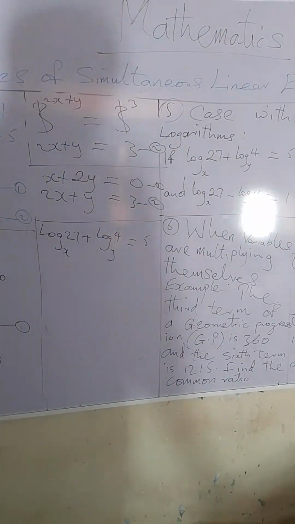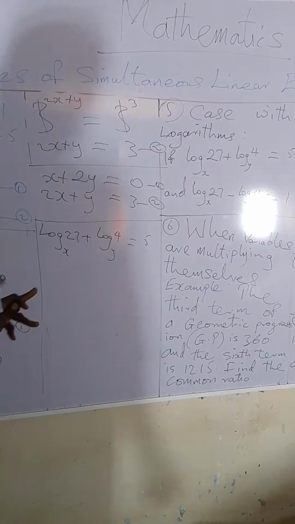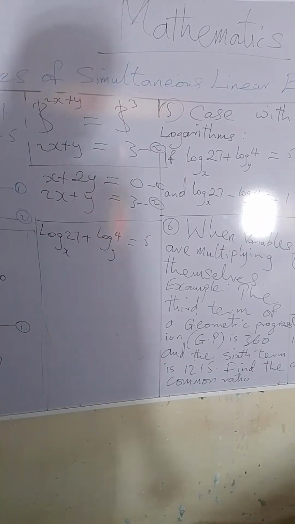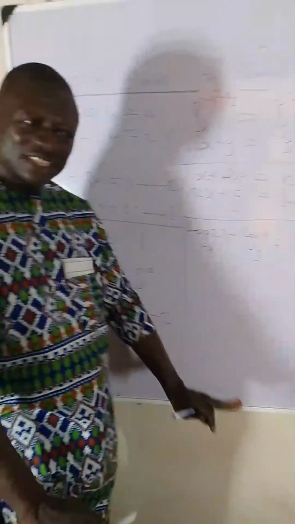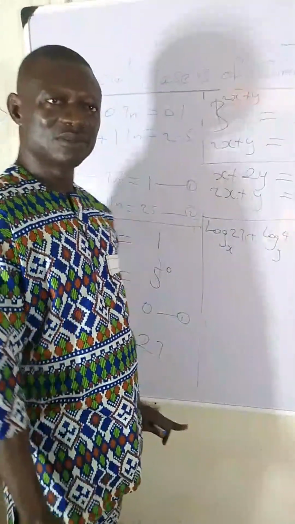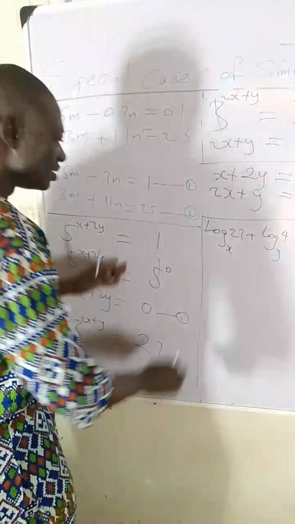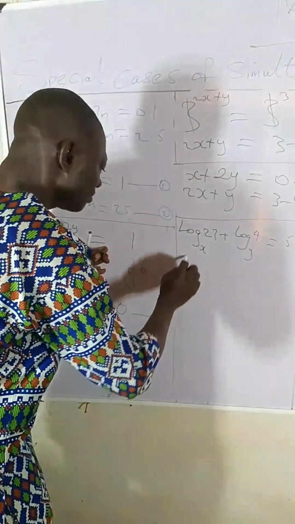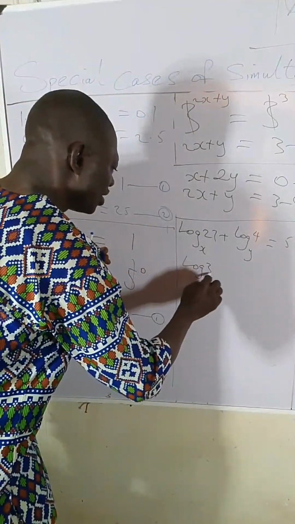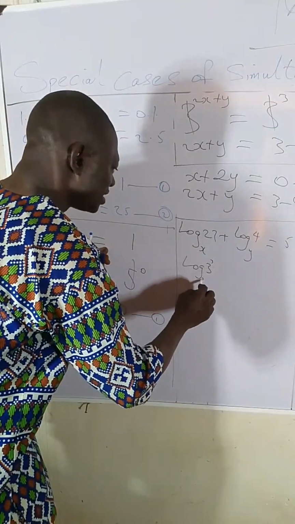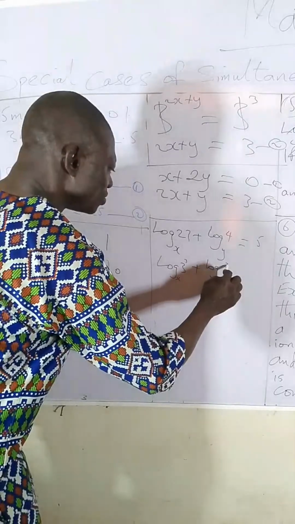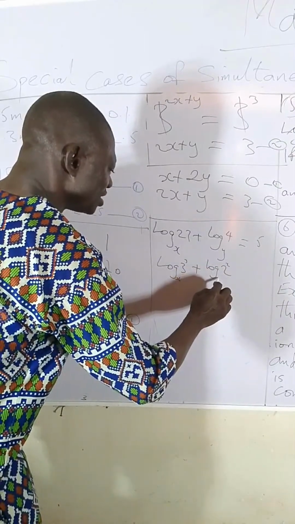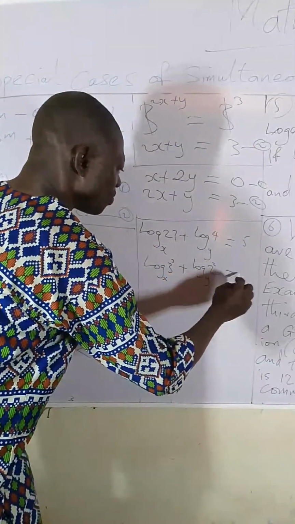All we do is try to reduce it to the lowest form, simplify it, make it simpler. That means we're going to have it as log 3 raised to power 3 in base x plus log 2 raised to power 2 in base y being equal to 5.